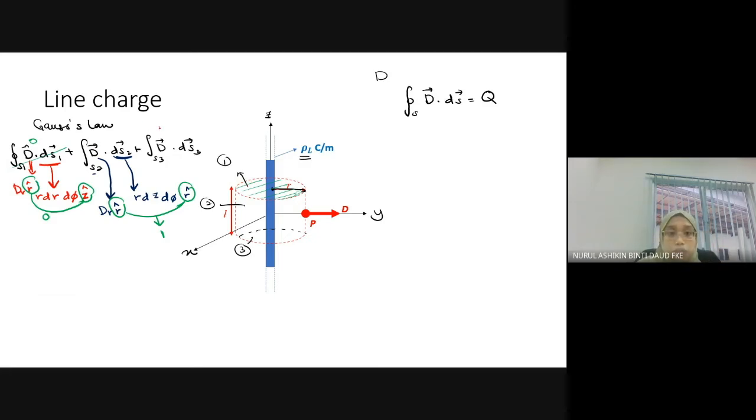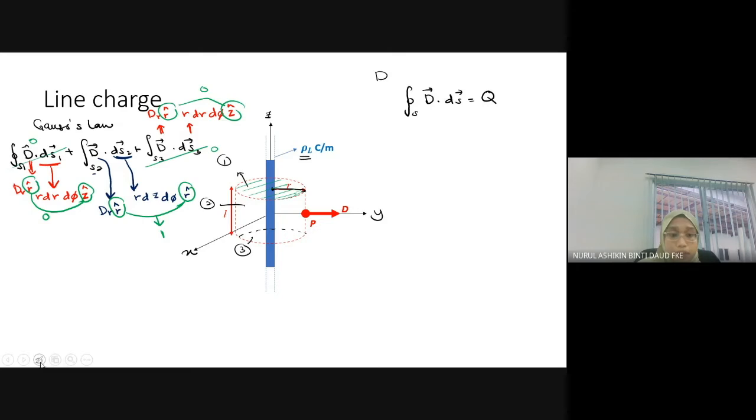So it is r dr dphi in the z direction, which is a different direction from D, and automatically it will be 0 as well.